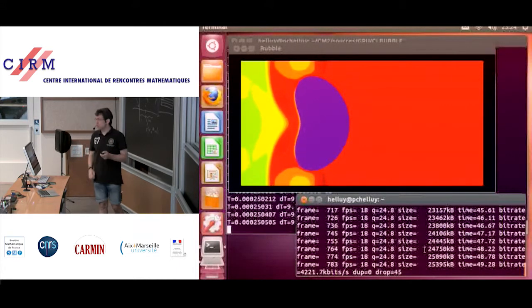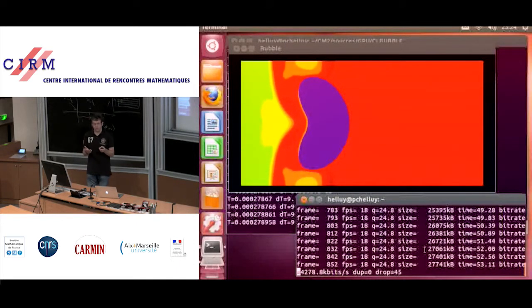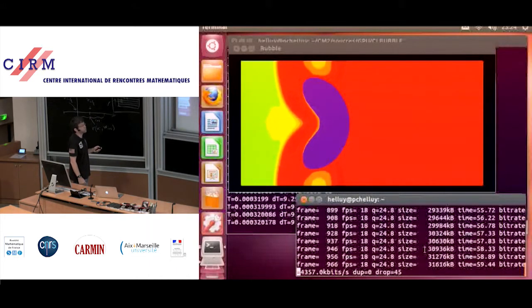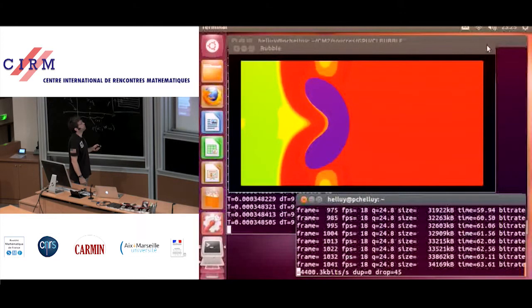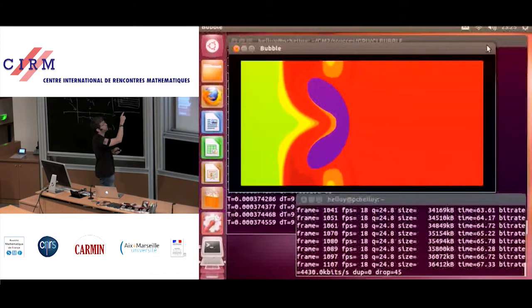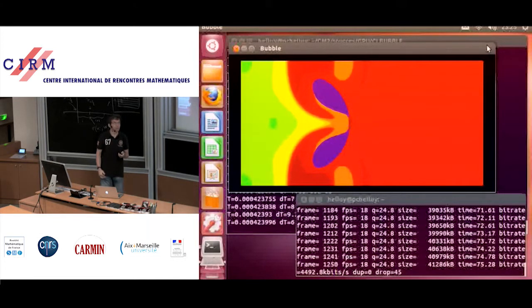And what is nice with GPU is that because the data are in the graphic card, it is possible to display it as the computation runs. Here what you see is a screen capture of an actual computation where the computation is going as the display is doing at the same time. In this example, the graphic card is computing, displaying the data, and also capturing itself for doing the video.